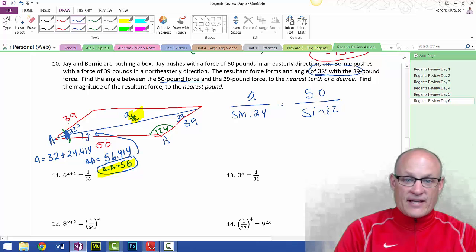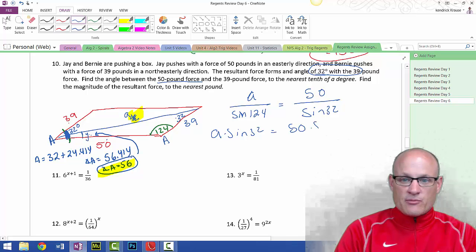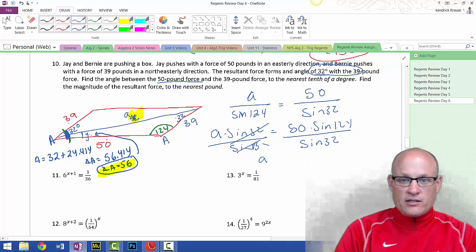I'm going to go fast through this. A times sine 32 is equal to 50 times sine of 124, divided by sine 32, and I get A equals this mess right here.